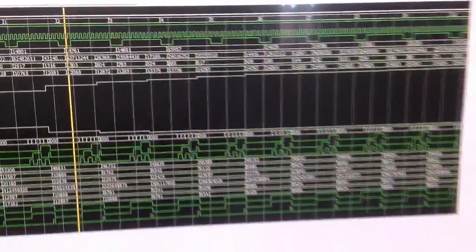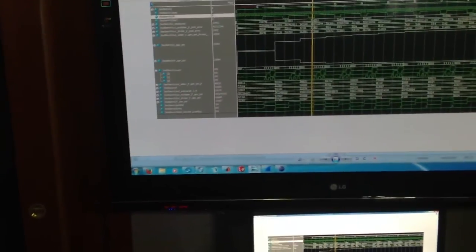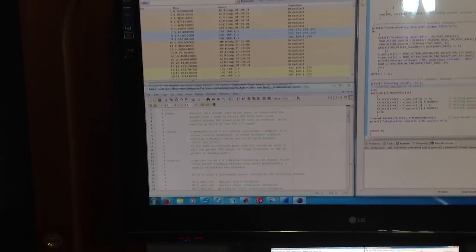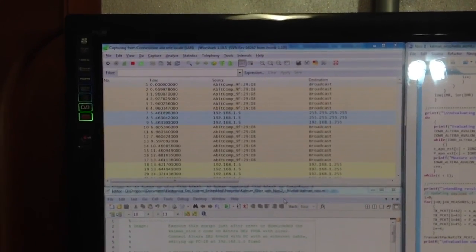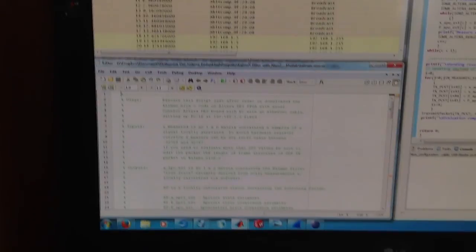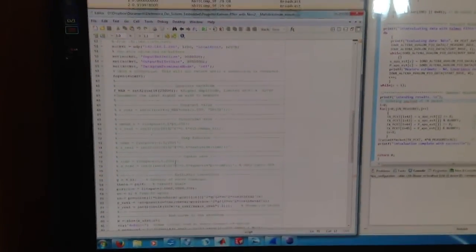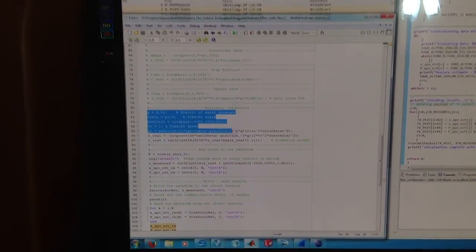Okay, now let's take a look at the demonstration. We use the software Wireshark to monitor the transmission of the packets in the network, and the MATLAB script opens a UDP communication and generates some kind of signal.